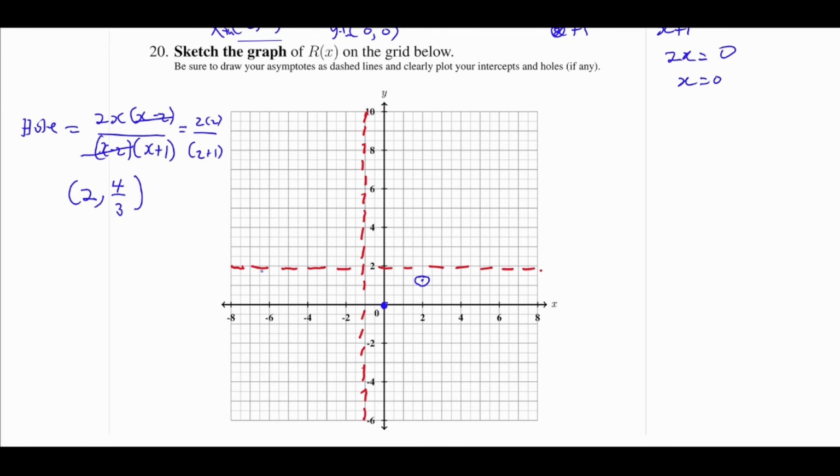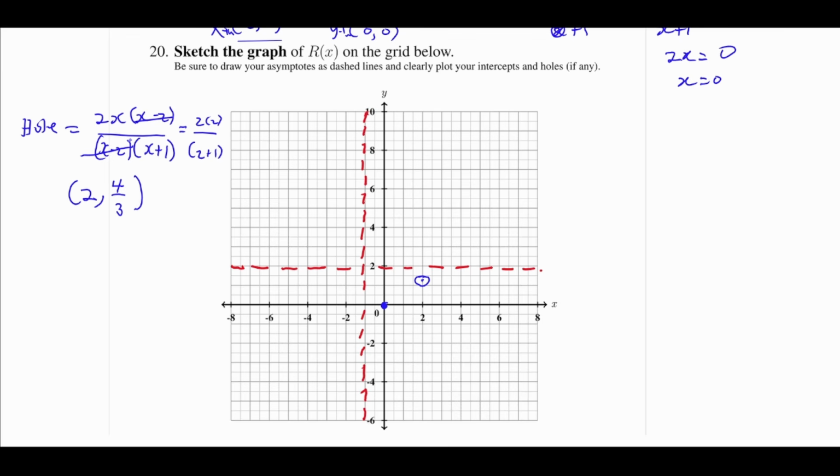One thing is that when we factorize, we can determine how the graph will lie in all the regions. If the multiplicities are odd, and by multiplicities I mean the powers of the factorized values, so when we factorize, you have x minus 2 and x plus 1.